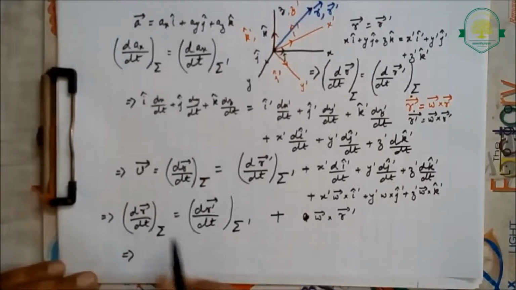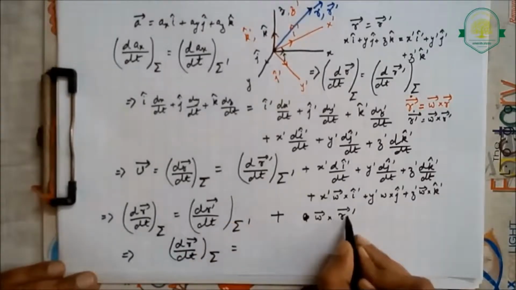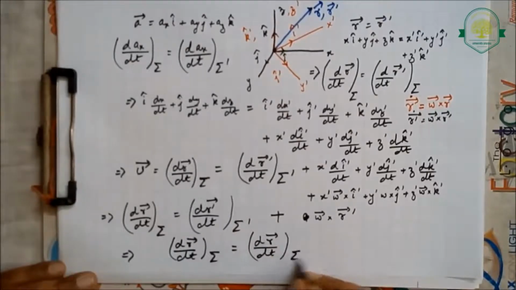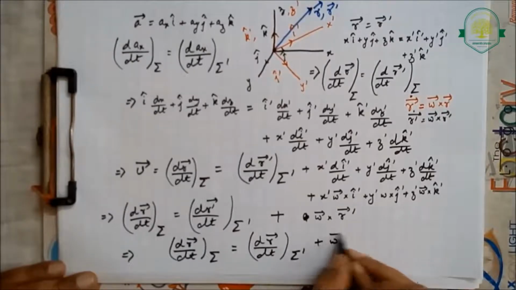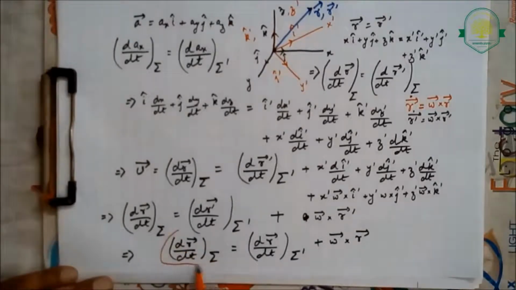But since r and r primed are equal, I can as well put r in place of r primed. So dr over dt as seen in sigma equals dr over dt as seen in sigma primed plus omega cross r. So this is a very important equation.